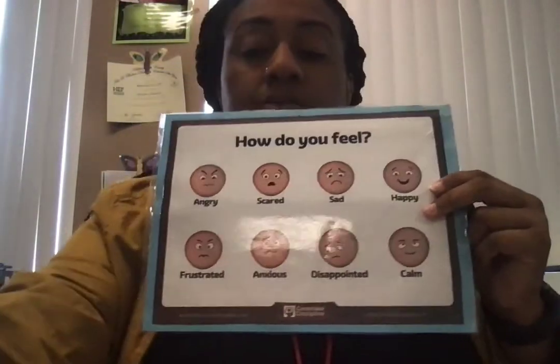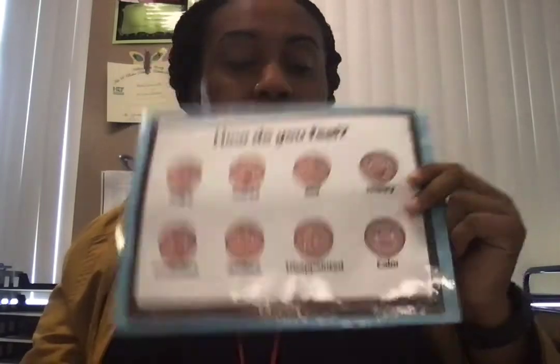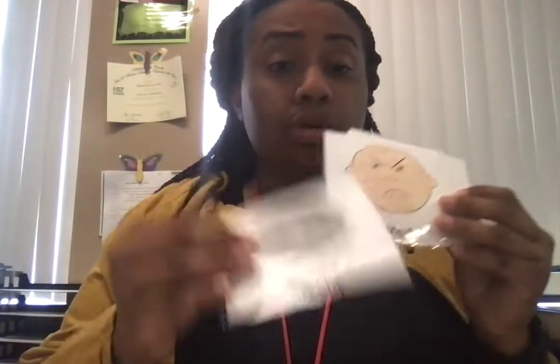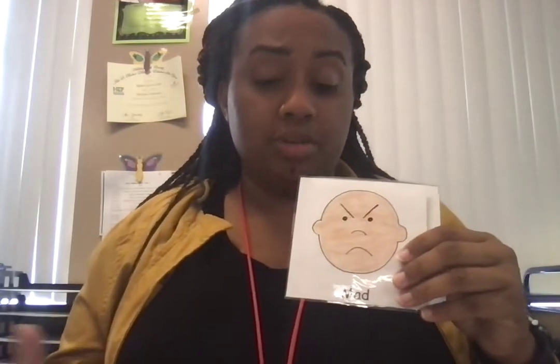And I have something similar to this that might be a little simpler for younger kids, and it is these. So these are individual, so you can kind of place them and only give them like 2 or 3 options at a time, versus this board that has all of them sitting right in front of them so they don't get confused or flustered because it's too many.